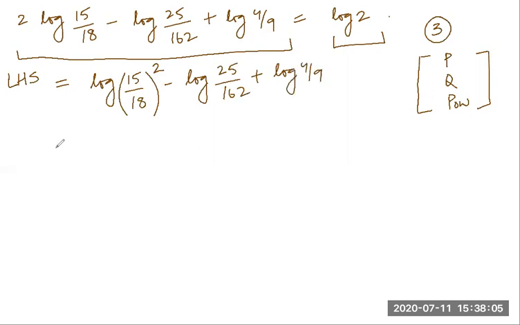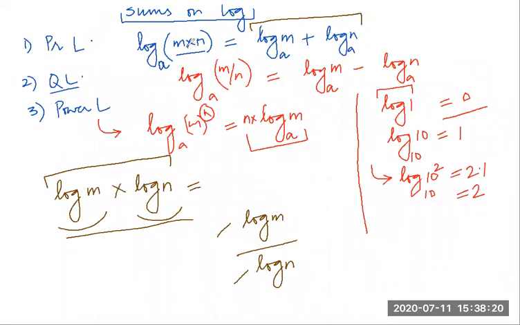Any student will guide me? Now let's add this and this. We will use this law, the product law: log of m into n is equal to log m plus log n. Am I right?